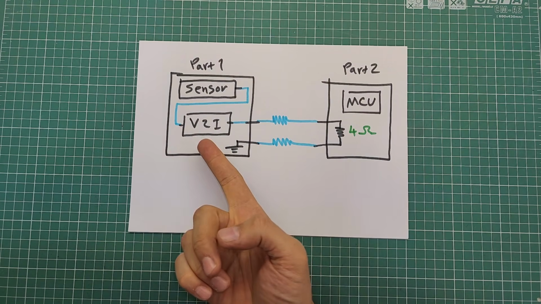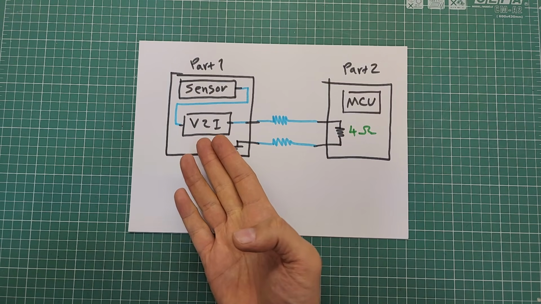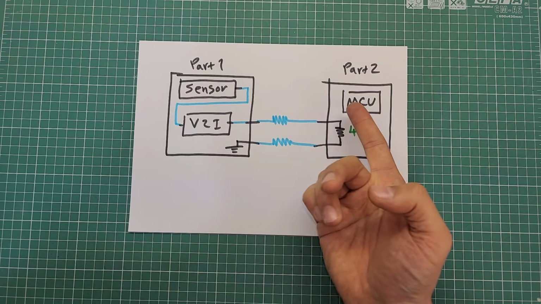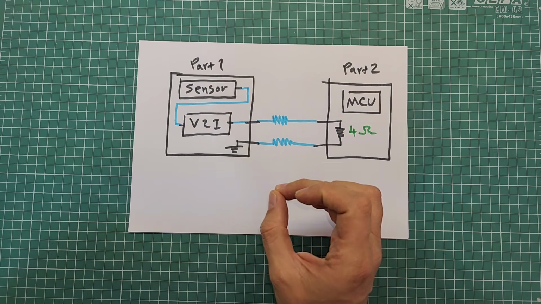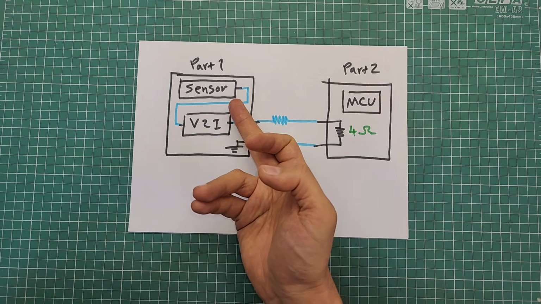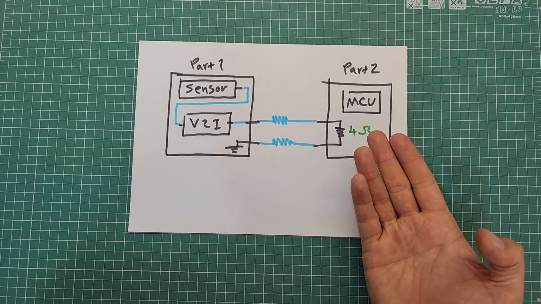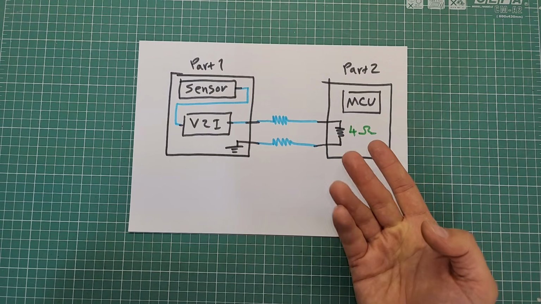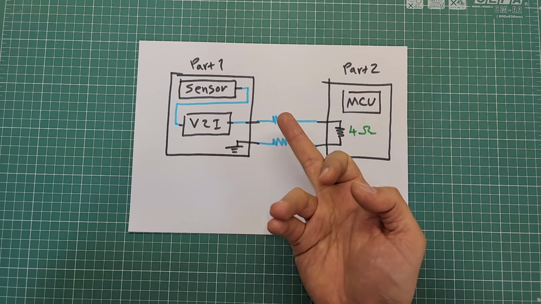By using a voltage to current converter on the sensor side, we can guarantee that the current passing through this path is always a function of sensor output. In this example, the load is this constant and known sense resistor plus these two wire resistances.